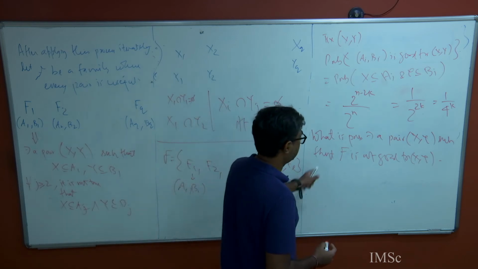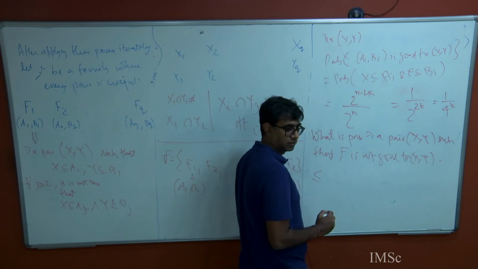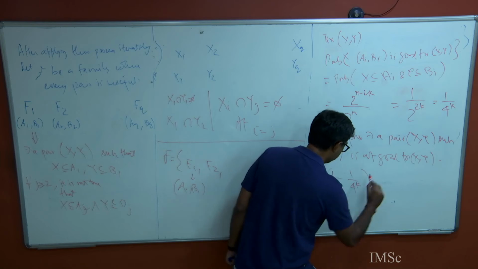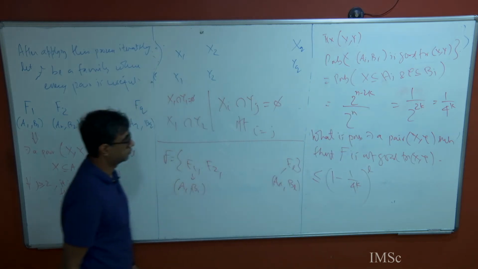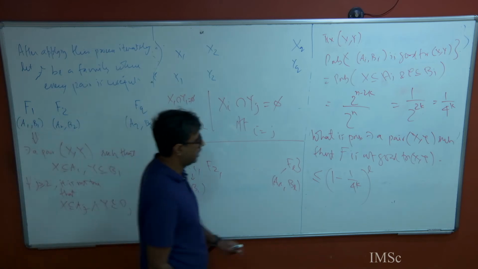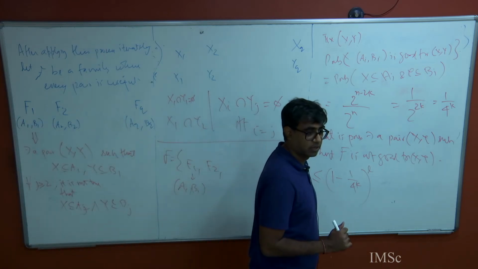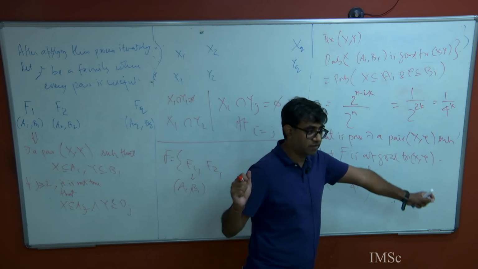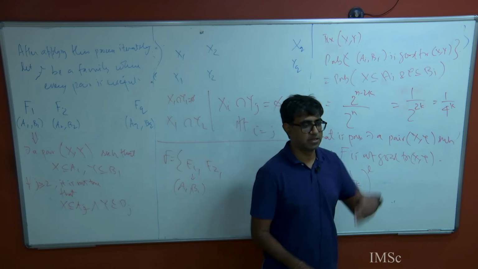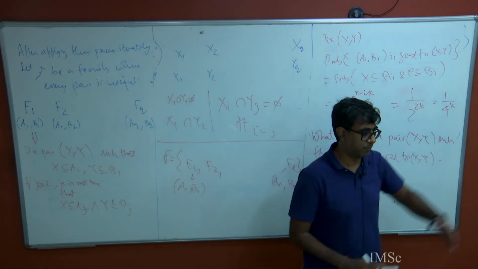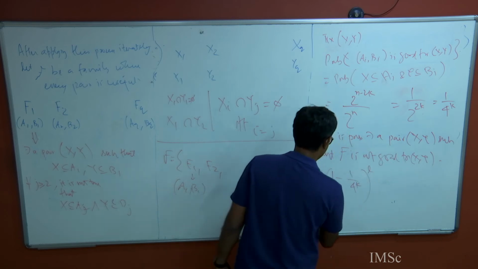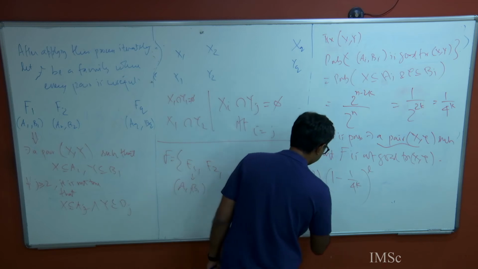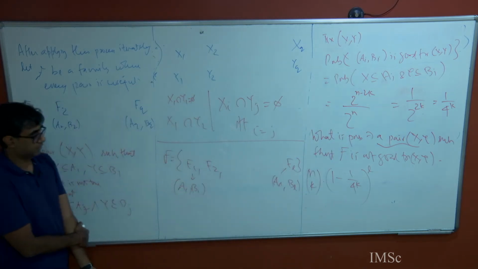So the probability that it is not good for a particular pair is upper bounded by 1 minus 1 by 4 to the power k, all to the power L. Now the probability that there exists a pair x y such that the family is not good is upper bounded by this times the number of pairs.